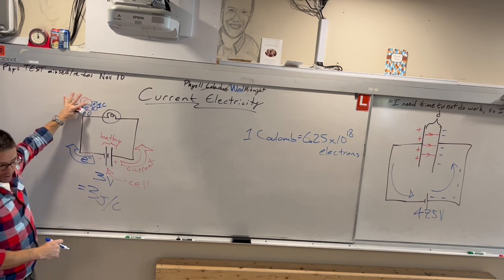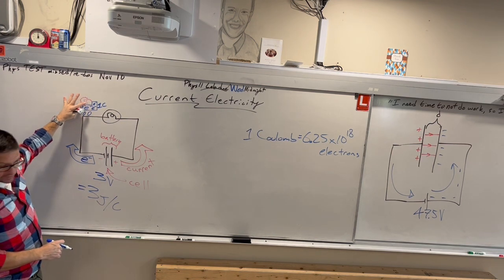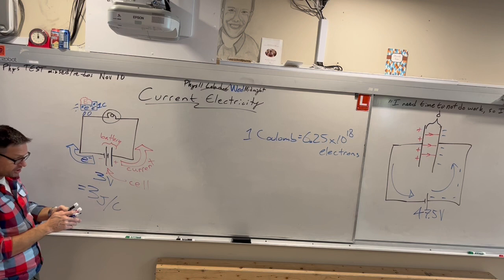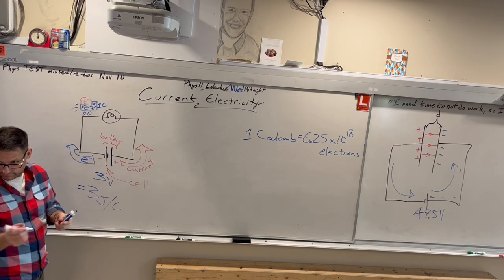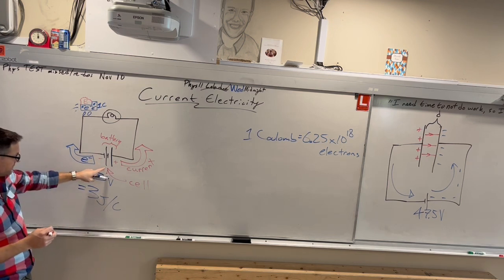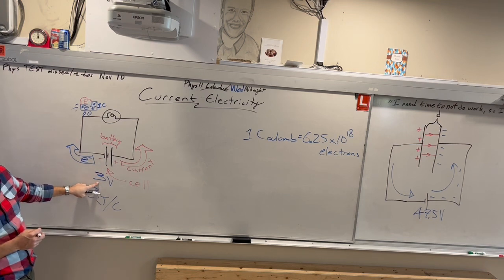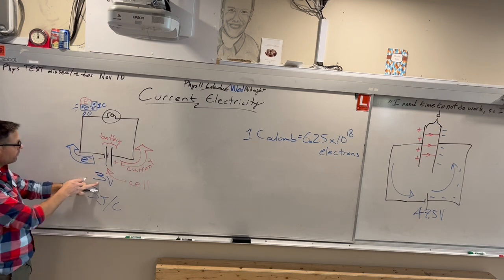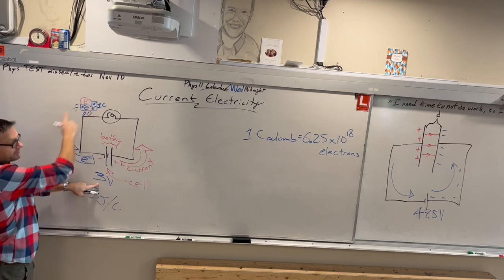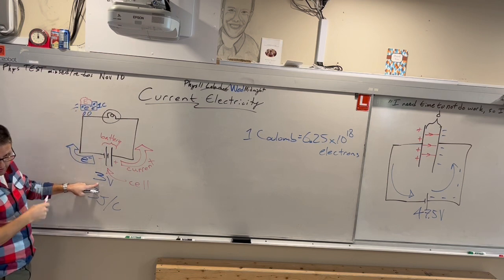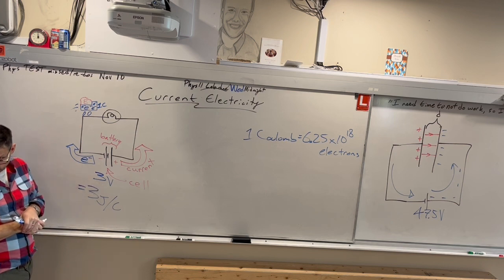So let's say this truck is a coulomb. This coulomb carries how much energy when it comes out of the cell? 3 volts. So if it's 3 volts and the truck is 1 coulomb of electrons, how much energy is in the truck? 3 joules per coulomb.